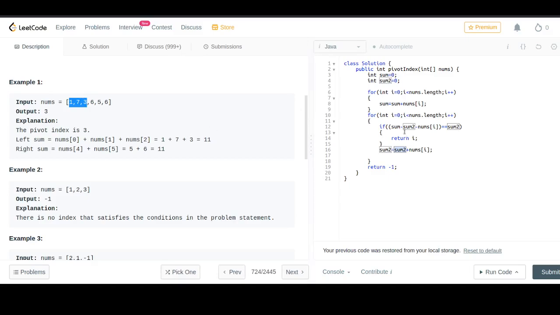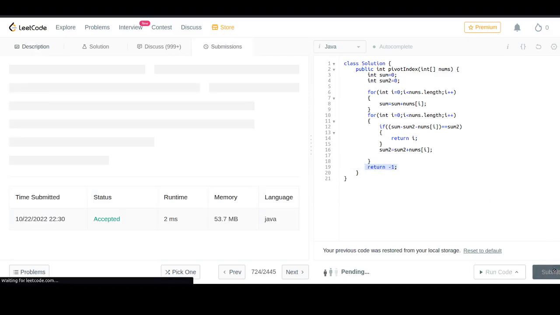That's how we calculate the sum on the left and the right side. If the condition is successful anywhere, we return that index. If we don't find one, we return -1.